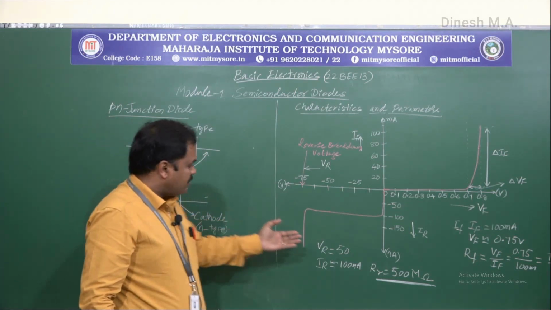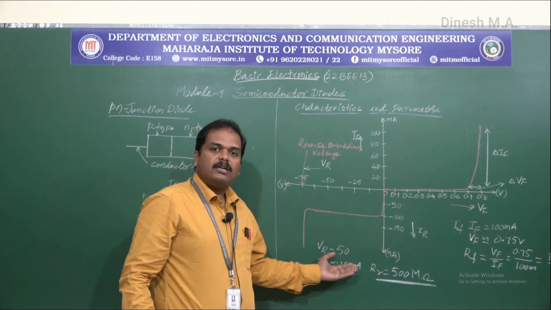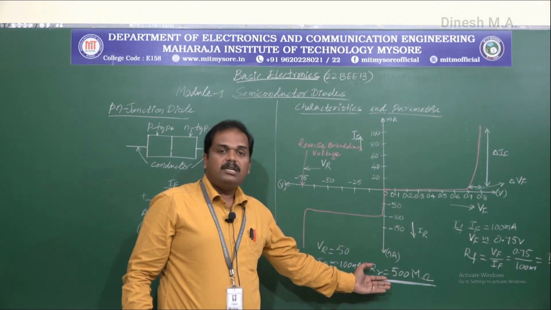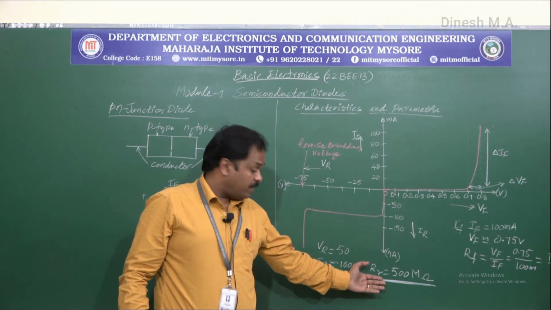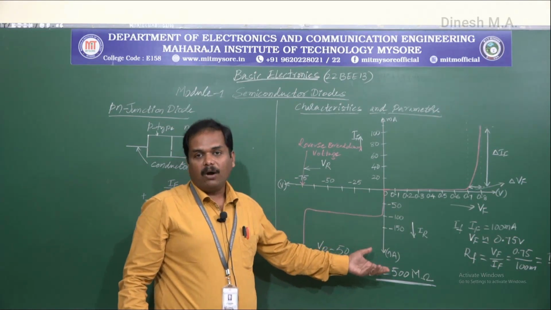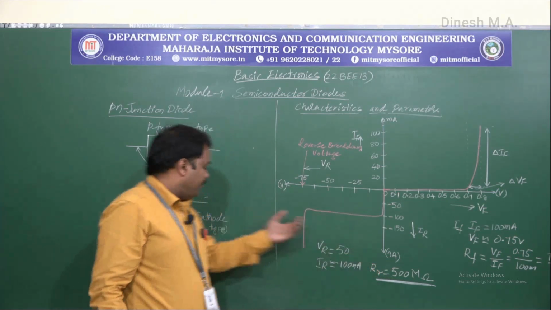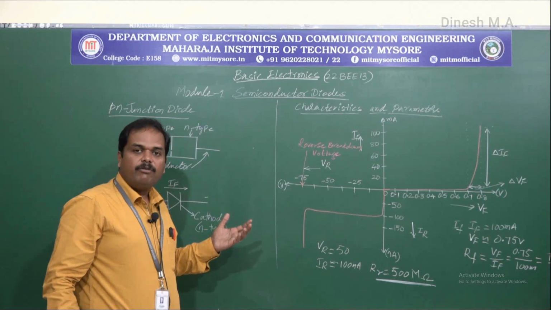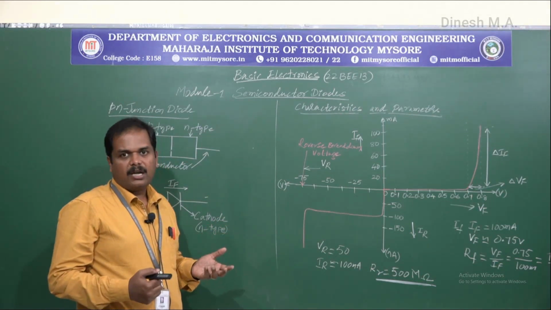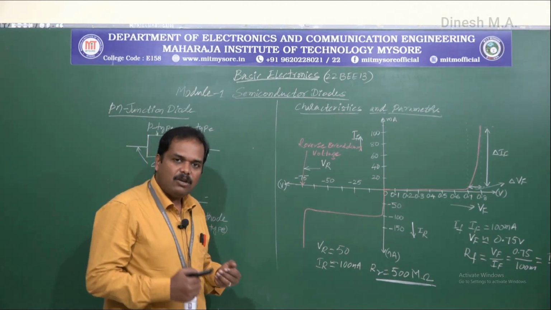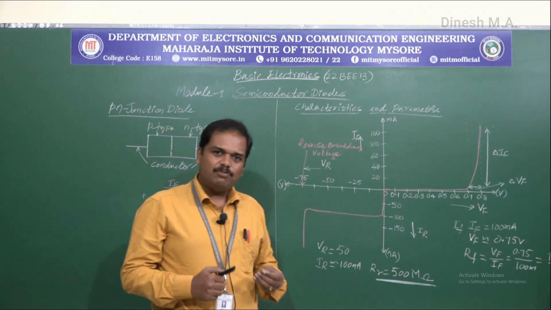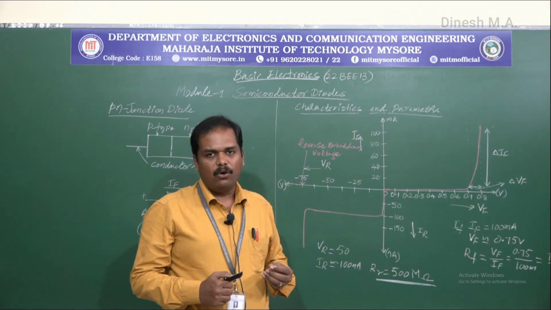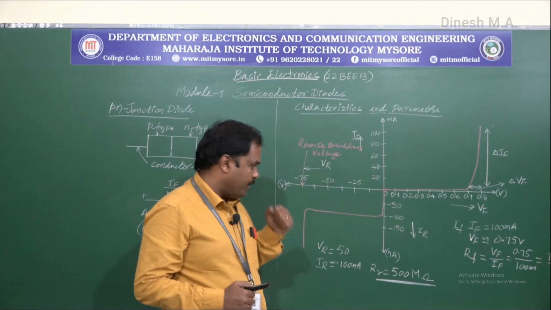Whereas when the diode is reverse biased, the resistance it offers is 500 megaohms. So the diode is said to be an open switch, so there would be approximately zero current, or a negligible amount of current, allowed to flow through the diode.